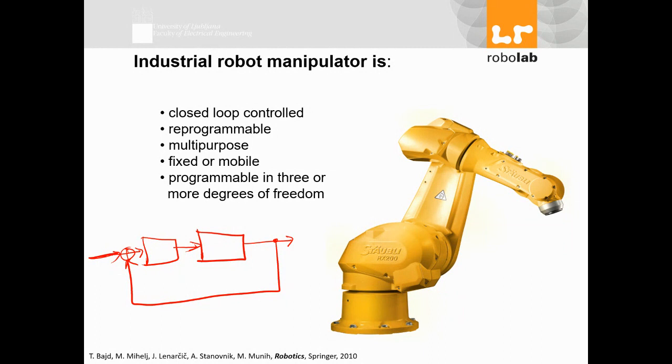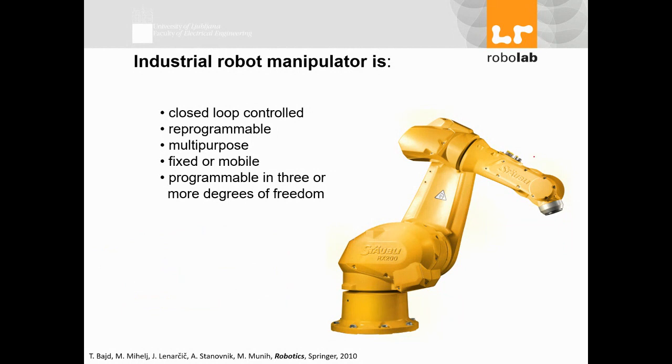This is a topic that will be discussed in more detail in a course called Control Systems, but generally what we have in industrial robots is a closed loop. You have feedback from what you're doing and what your move is at the output. This can be a combination of human and machine or just machine.